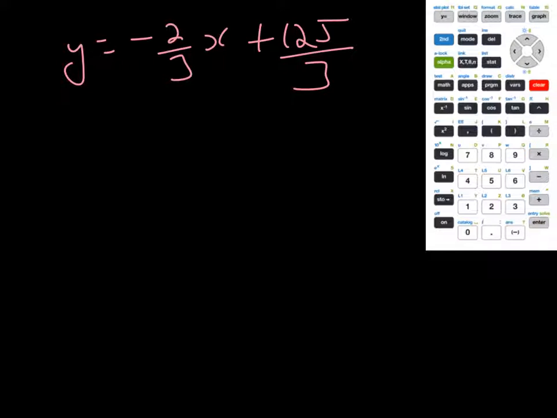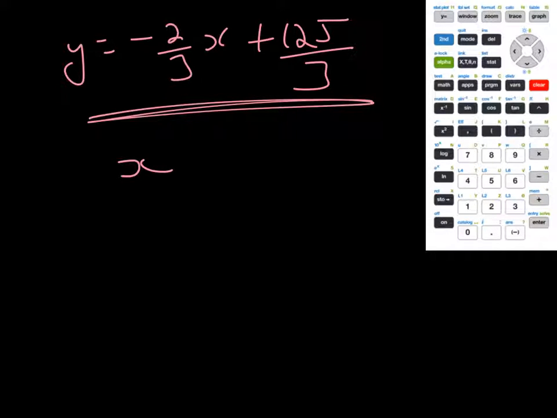In parts G and H, then, we are given a separate equation of a regression line for different data, and we are told that y equals negative 2/3 x plus 125 over 3. And we know that this regression line here is generated on data from female students who spent between 3 and 30 hours on social media.